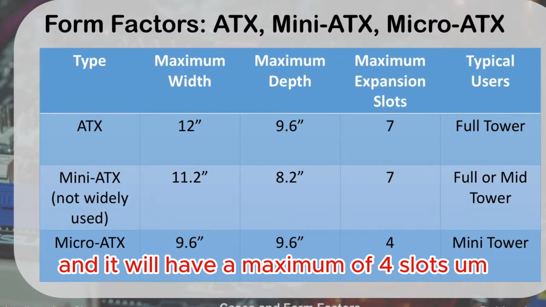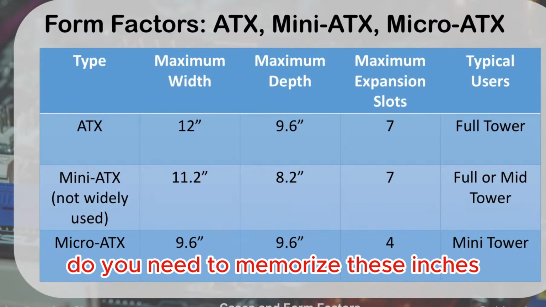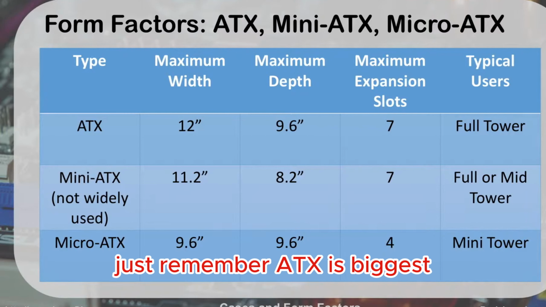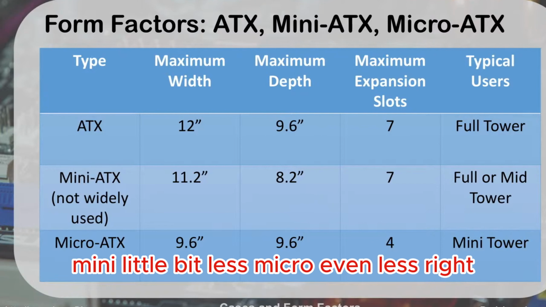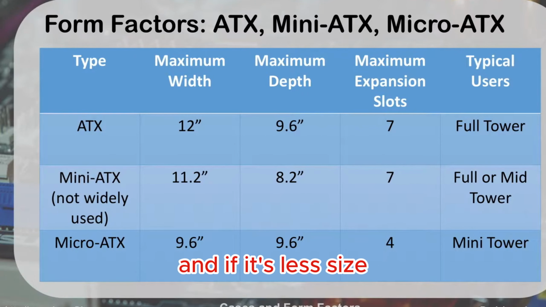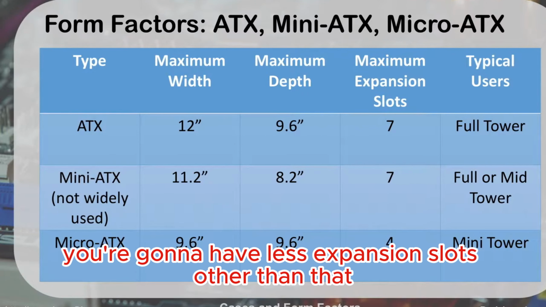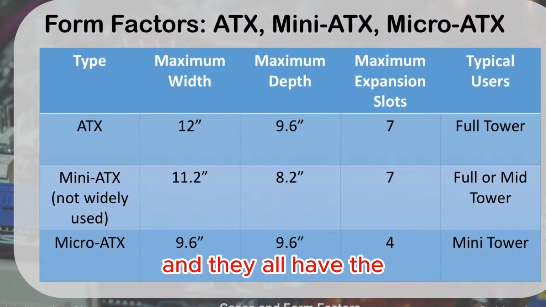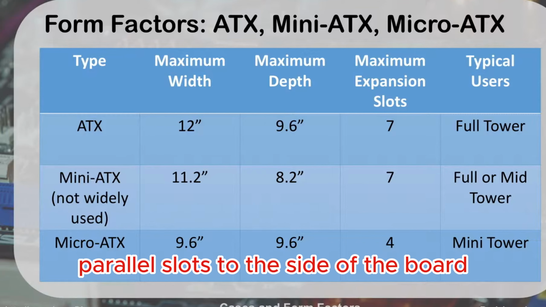And it will have a maximum of 4 slots. Do you need to memorize these inches? No. Just remember, ATX is biggest, mini a little bit less, micro even less, right? And if it's less size, you're going to have fewer expansion slots. Other than that, they're the exact same thing. They all have that rear port cluster, and they all have the parallel slots to the side of the board.